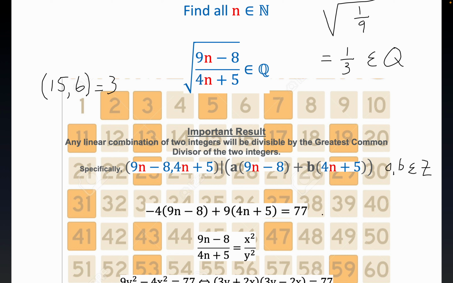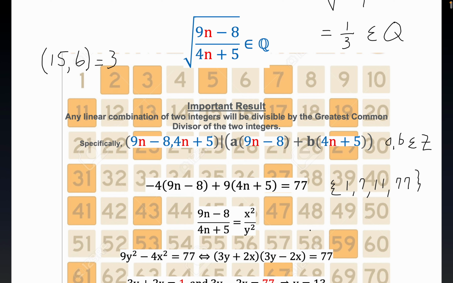So we know that the GCD of these two numbers would be in the set 1, 7, 11, and 77, which are the divisors of 77. Again, the GCD would be one of these numbers. In other words, these are the divisors of 77, and so those are our attempts when we're trying to solve this equation.